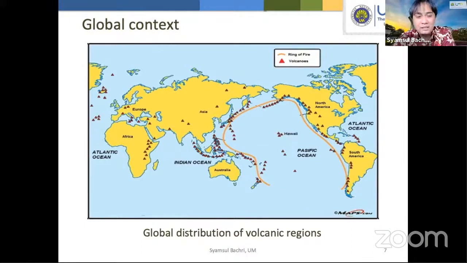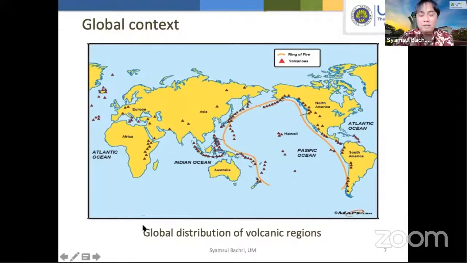If you see this, Indonesia, Philippines, Japan, and other countries crossed by this red triangle are occupied by a lot of volcanoes. In one sense we have the volcano, but in another we have a beautiful view. Henny already shared with you the picture of Bromo last time.